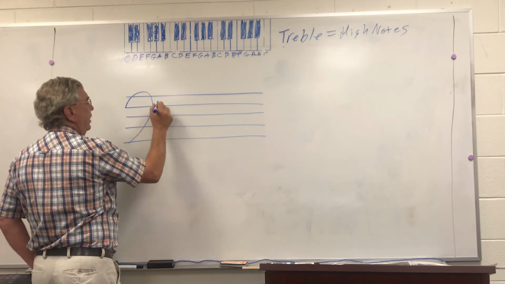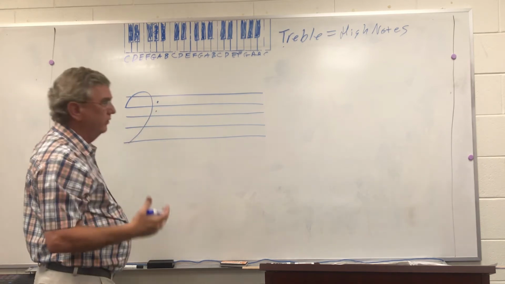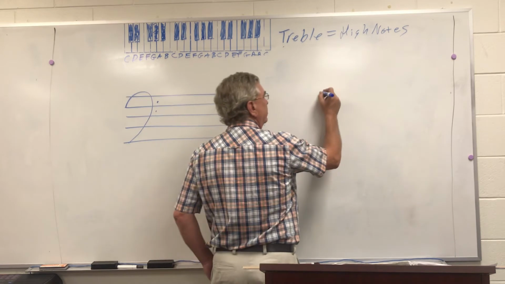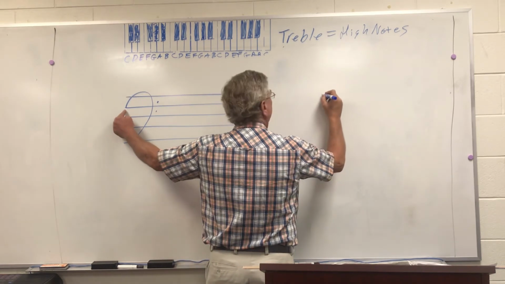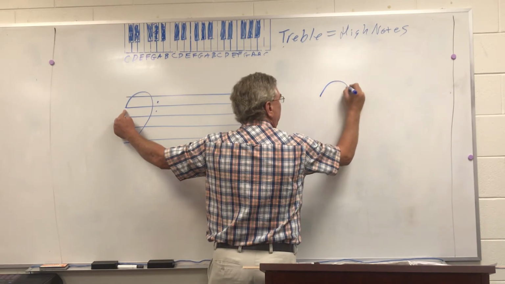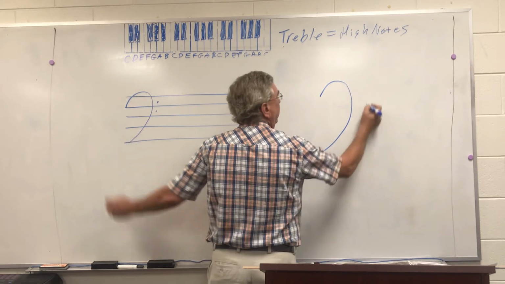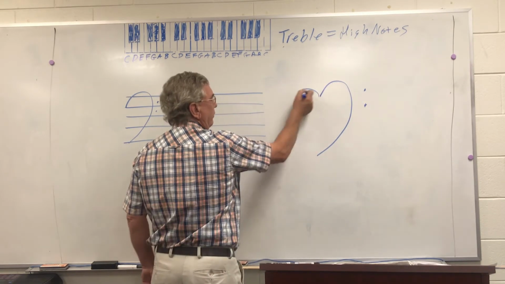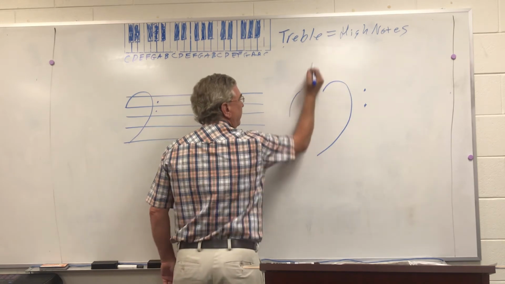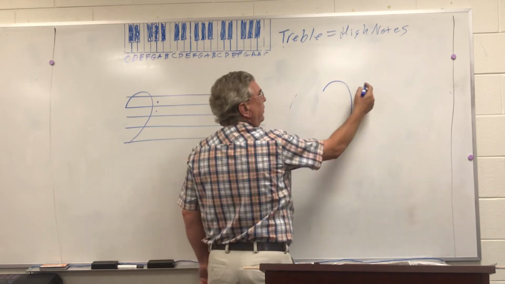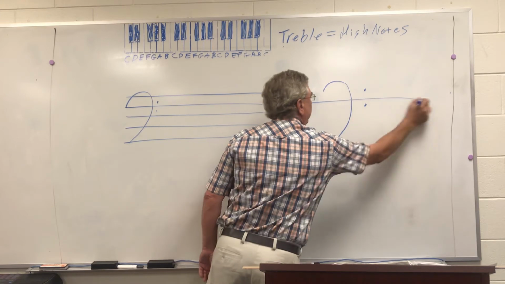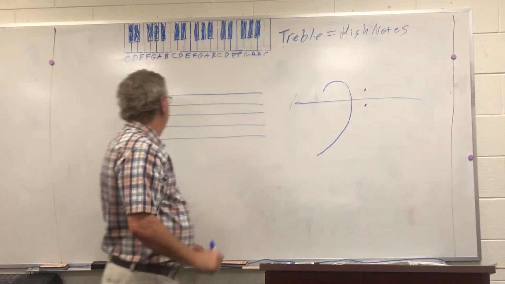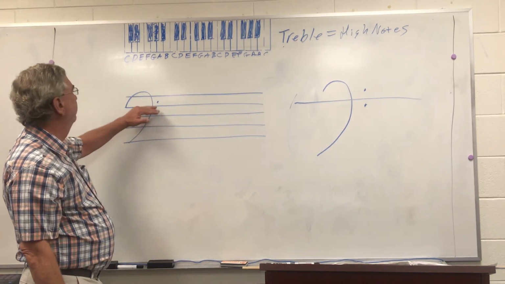This is the bass clef sign. And all you do to draw a bass clef is you start on the fourth line, go up a little above the top line, come down here, and put two dots. That's half of a heart. And put these two lines on either side of the fourth line.